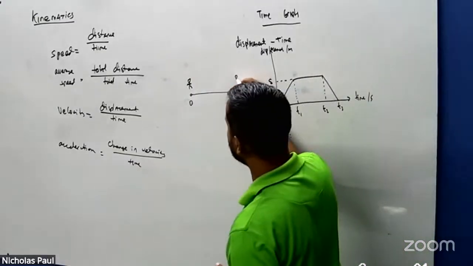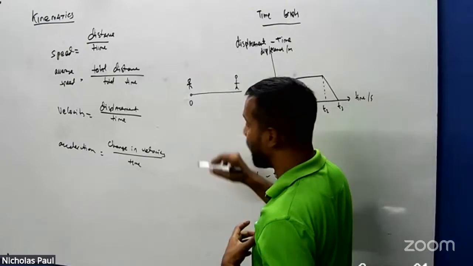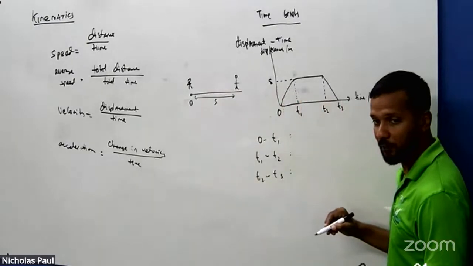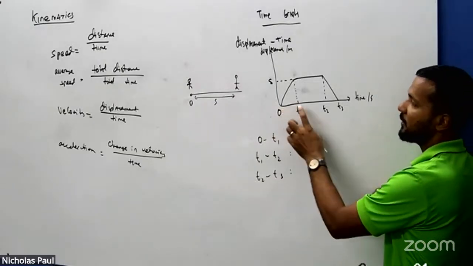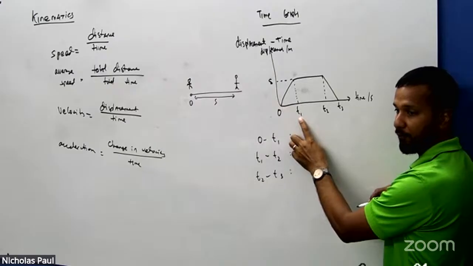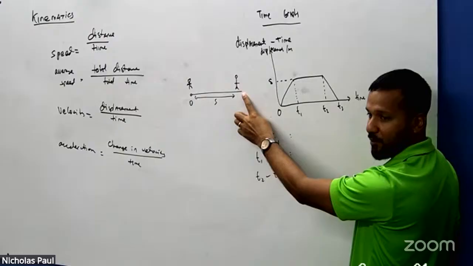Let's say he reached somewhere here, and the displacement is S. So he starts here, then he reaches here in T1 seconds. But for him to reach from here to here, he has to move, right?